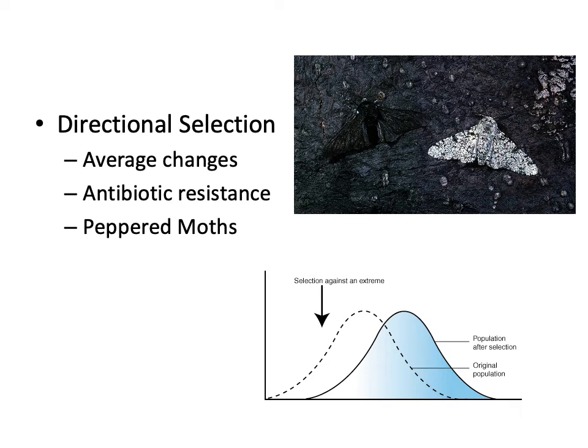So what happened here? Well, before the 1800s, these light-colored moths rested on trees during the day, on branches and trunks.